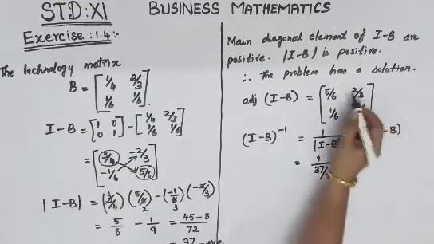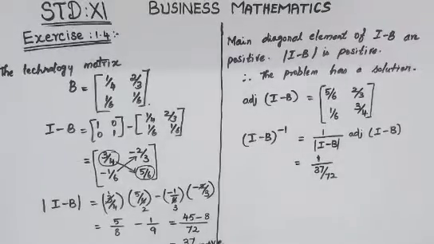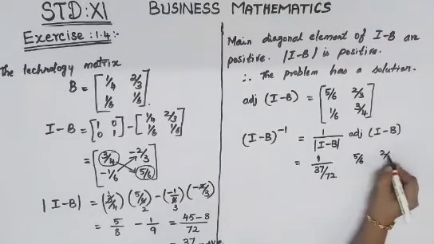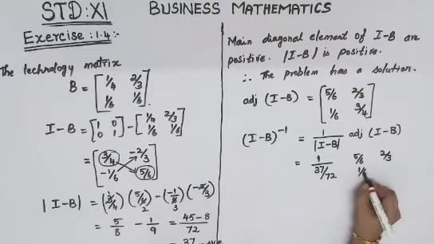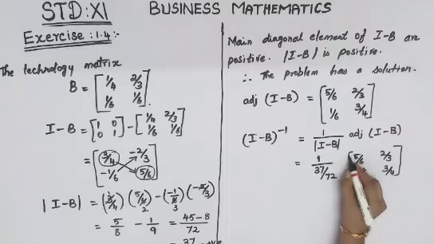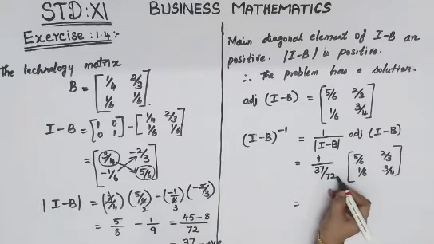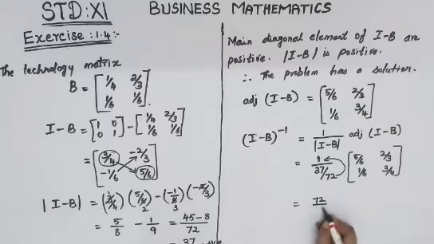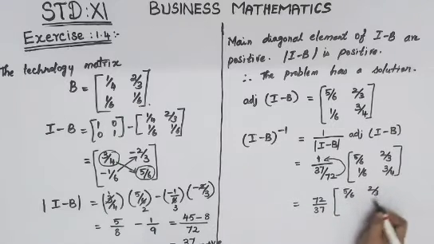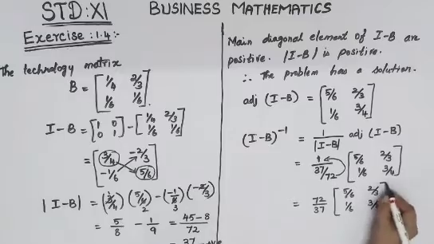We have got this matrix, so that matrix you have to write it there as it is. So it is 5 by 6, 2 by 3, 1 by 6, 3 by 4. So that is equal to, this 72 will go to the numerator. So 72 divided by 37 into 5 by 6, 2 by 3, 1 by 6, 3 by 4.